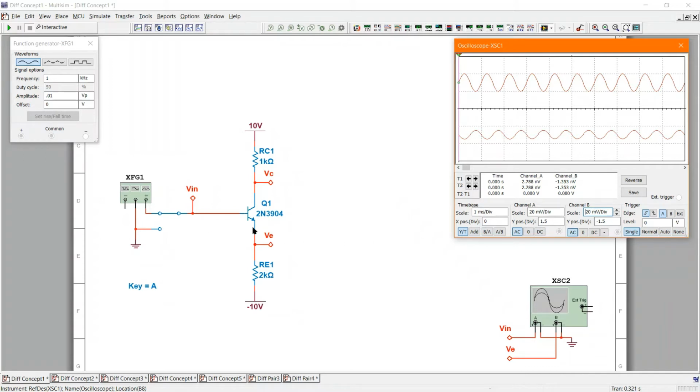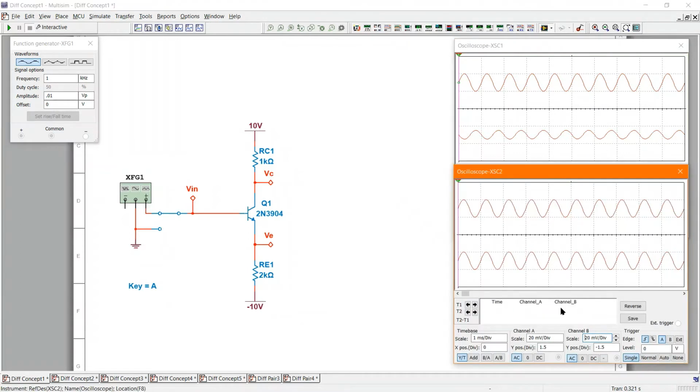Now let's take a look at the emitter. Over here I've got another scope, so here I've got VN versus VE. When I pop this one up, we can see the input signal going to the base of the transistor, and on the output here, I see basically the same thing. I see the same amplitude and it's in phase.